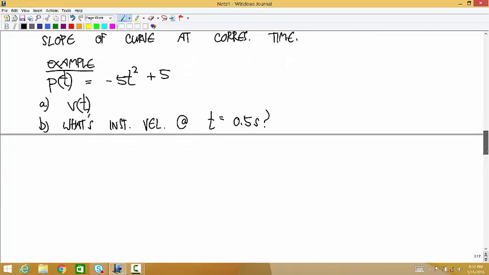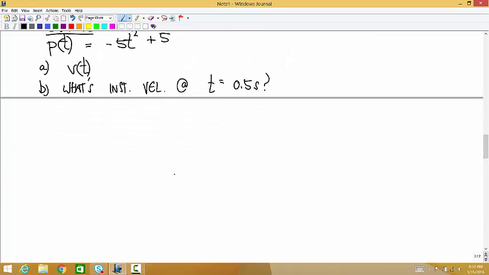All right, so this graph looks something like this. If this is position in meters, this is time in seconds. It starts out at 5 and is a parabola downwards that way.